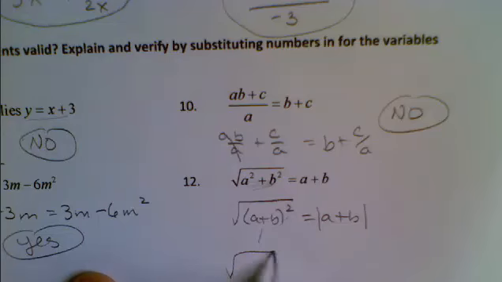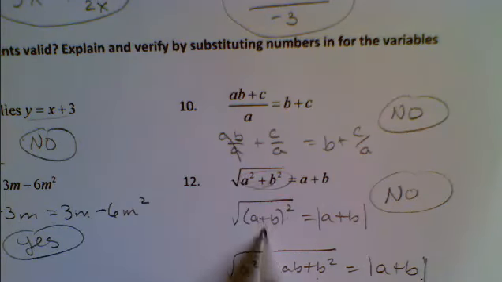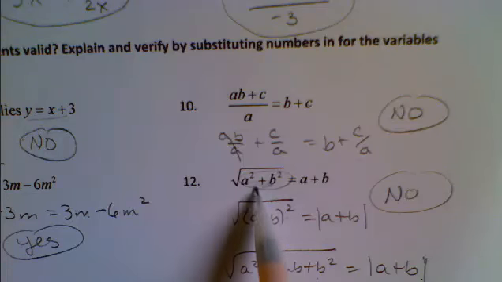Remember, this would be a squared plus 2ab plus b squared. If I had that, I could say that was equal to the absolute value of a plus b. Whoops. So just so you realize, order of operations says no, you can't do that. So I don't really care how you explain it. I just want to make sure you know that that is not true, that this does not equal that.